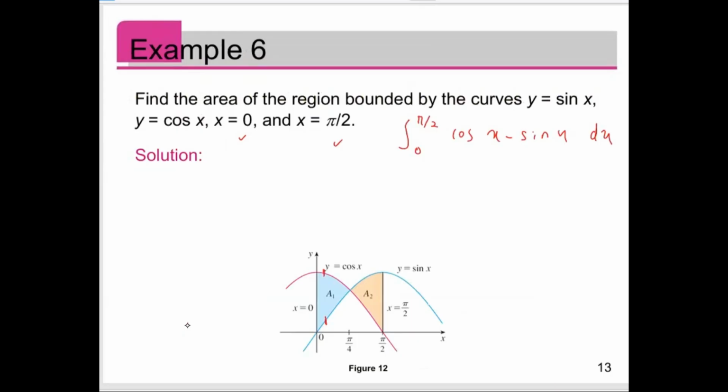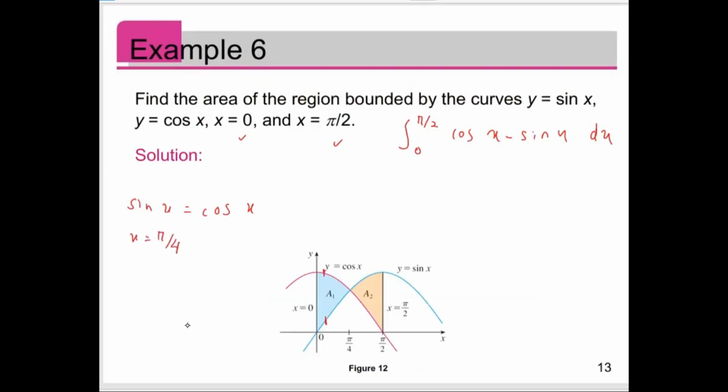So the first thing when you are given this kind of problem is to determine the point of intersection, that is by equating sine x equal to cos x. You can solve it in any way that you prefer. And then you are going to get that the intersection occurs when x is equal to pi over 4.